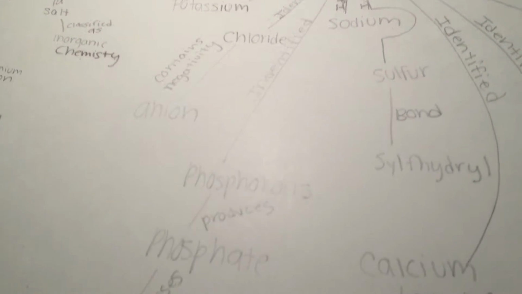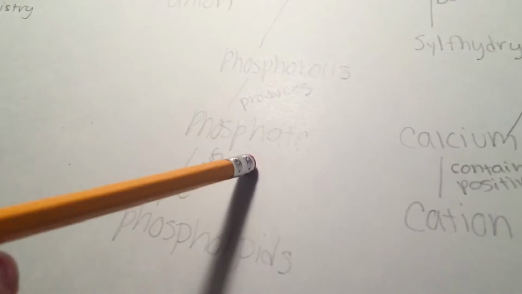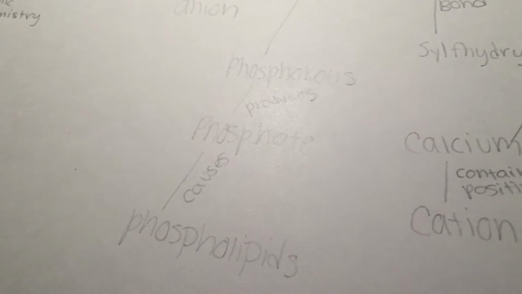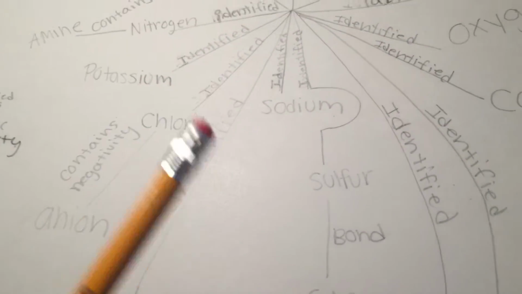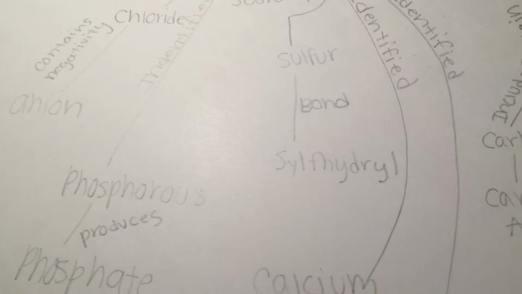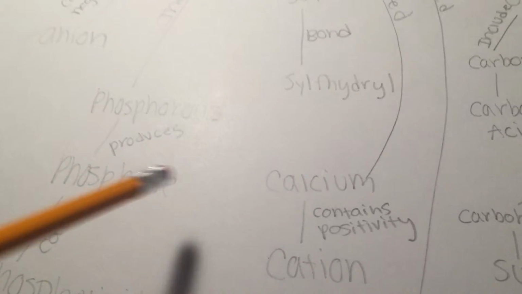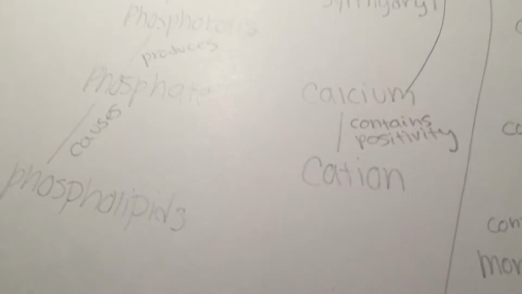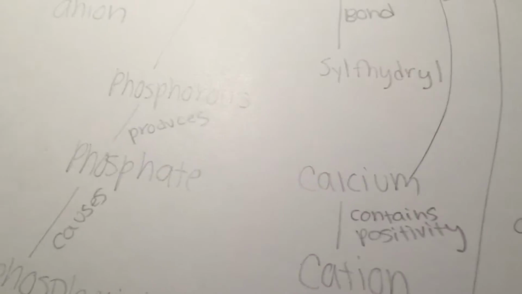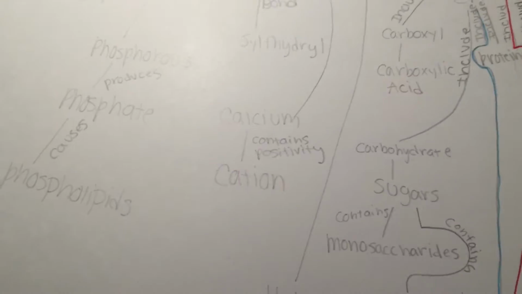Going to phosphorus, I know it's part of phosphate, kind of produces it, and it causes phospholipids. Then right here, I just identified sodium, and then went to sulfur, and sulfur helps bond hydroxyl. Then I went to calcium, and I connected calcium to cation because calcium contains positivity in it.